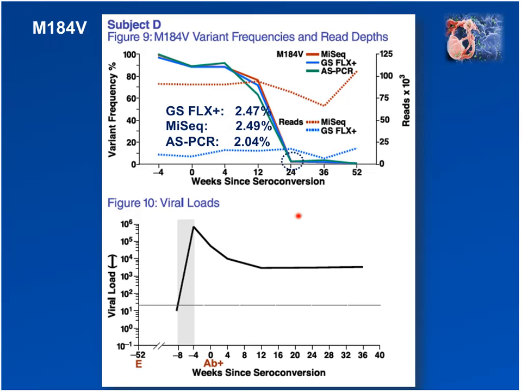So very concordant data. And this is the end of the variant frequency spectrum where we want to have the highest degree of accuracy. Going even lower than this, all three methods were pretty concordant, but particularly the GS FLX Plus and the MiSeq, very concordant at this last time point, the GS FLX Plus at 0.42, the MiSeq at 0.53.